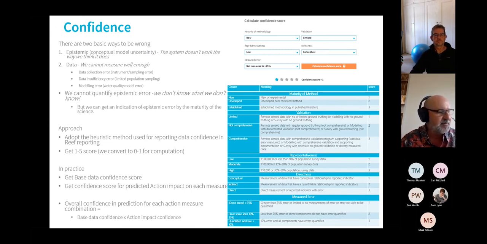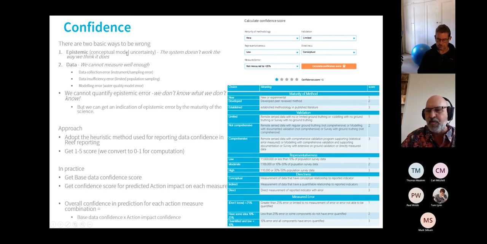There are many ways to talk about this. People talk about confidence and error and uncertainty. We've intentionally used the vague term confidence, because there are two basic ways you can be wrong. You can have epistemic uncertainty, which is conceptual model uncertainty.